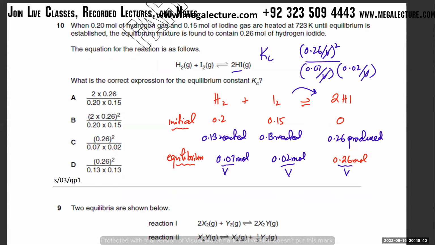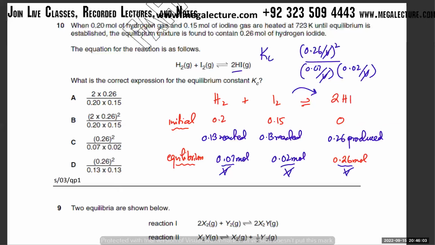Is that clear? So in this specific case, you don't actually need V. What are the units for Kc in this case? Concentration squared divided by concentration into concentration. So what is the unit that you get? Nothing. You get no units, right?